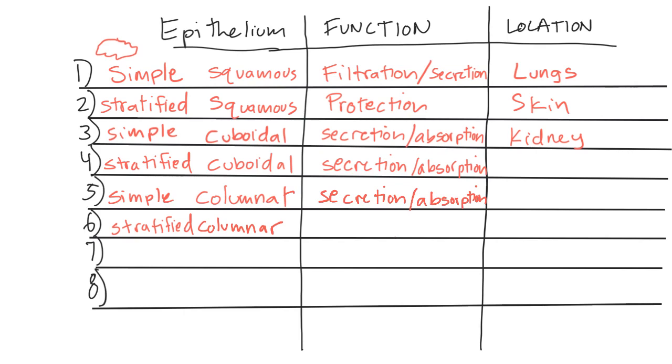Stratified columnar is actually very rare, okay, but by adding those layers, we also add this layer of protection that we also did with the stratified squamous. And also associated with secretion. Okay, so what's nice when you do it in this order, these three are all the same. Okay, so you can kind of put on repeat for those three if it helps you to understand things in order.